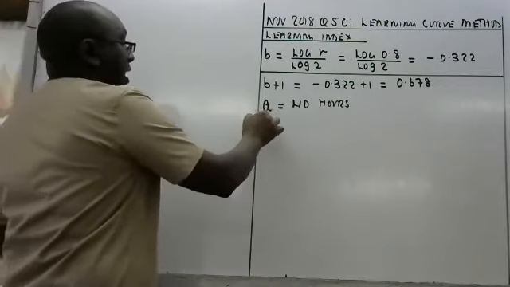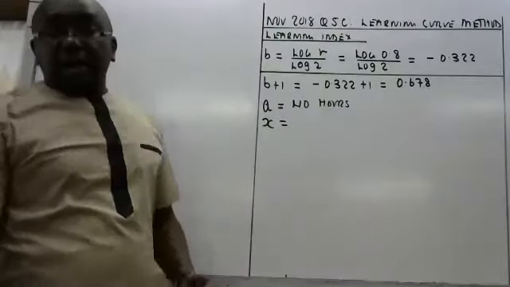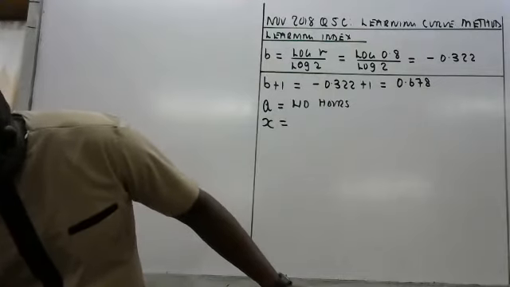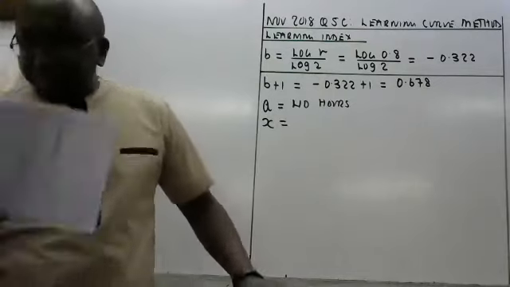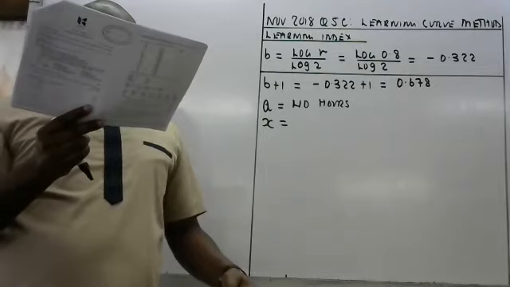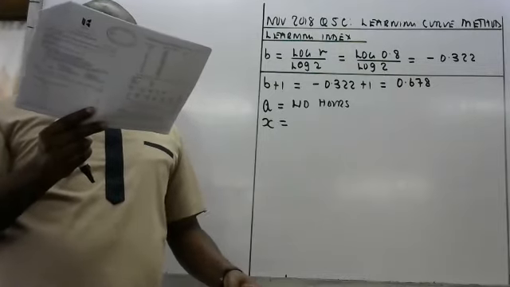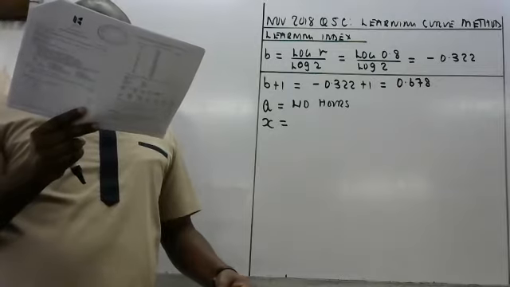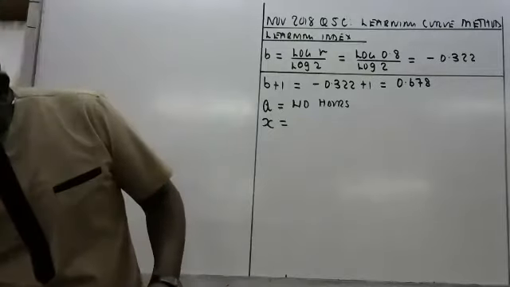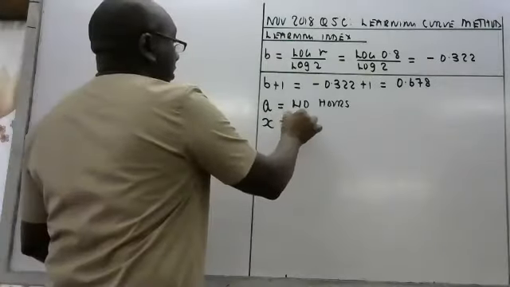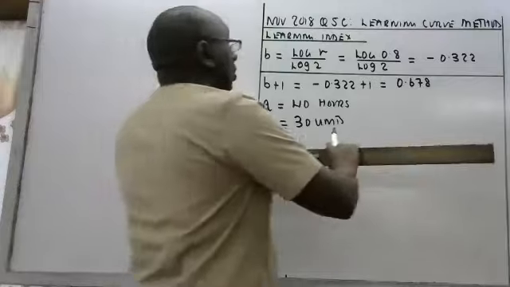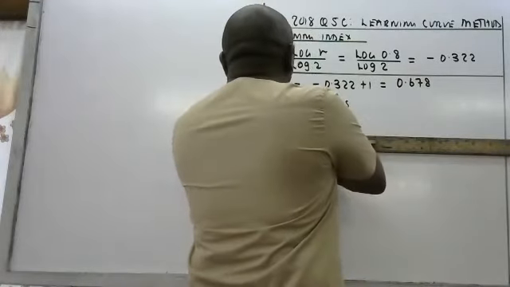Then X here, tunaambiwa we get the cost of that unit. So X is 30 units. So those were some figures that we needed.